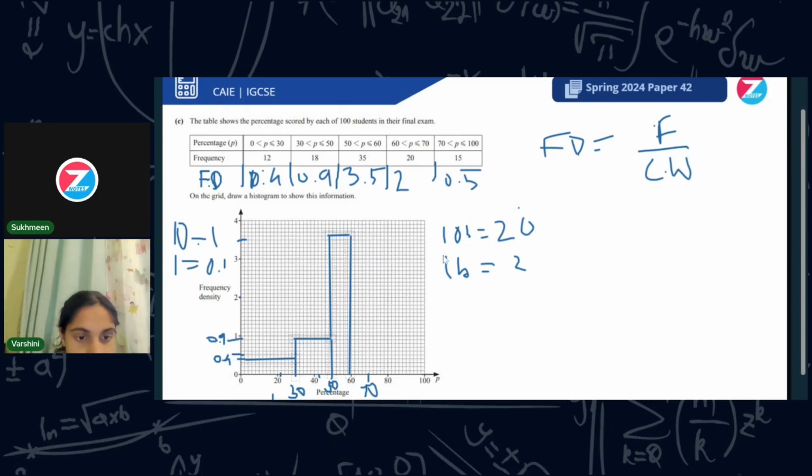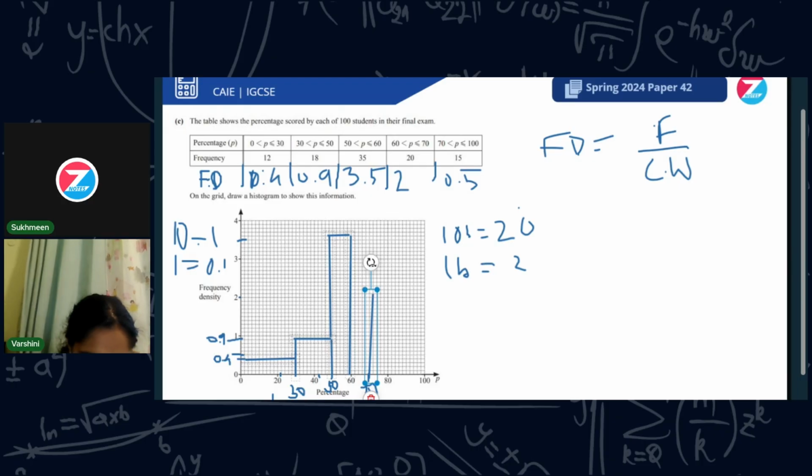Okay, and for the next one, which is 60 to 70, it's going to be at 2. So this is the height we want. So let's draw one down from 2 to 70.